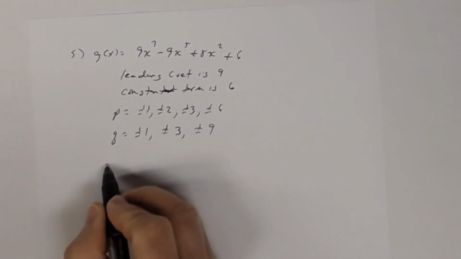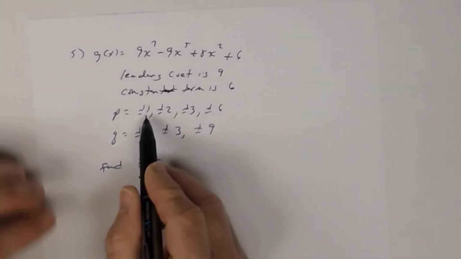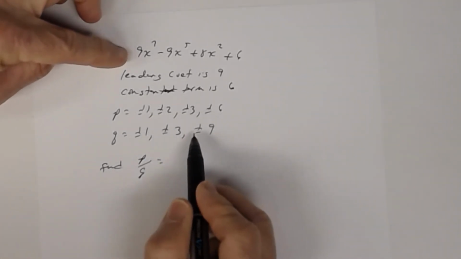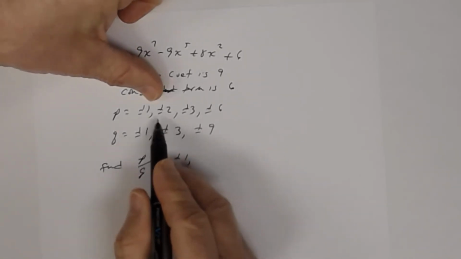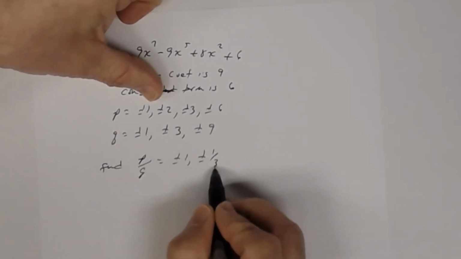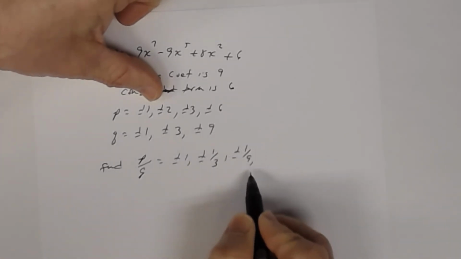P divided by Q would be each of these divided by each of these. 1 divided by 1 is 1, so plus or minus 1. 1 divided by 3 is plus or minus 1/3. 1 divided by 9 is plus or minus 1/9.